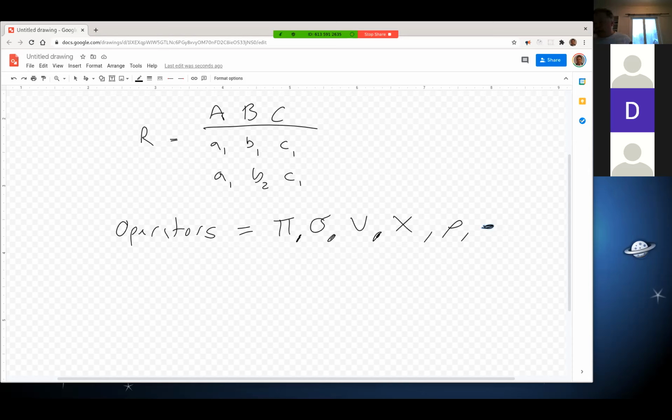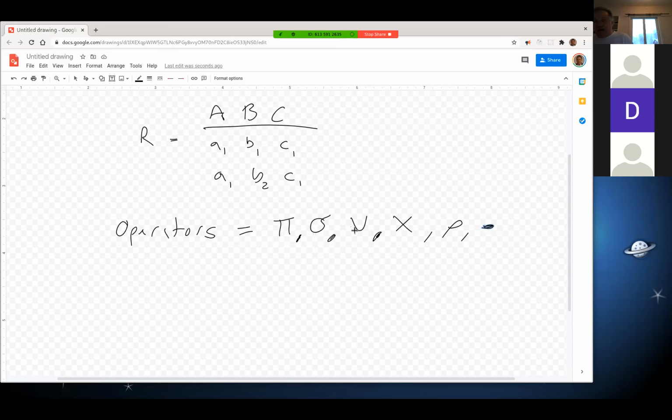It gives out a relation. The selection is also a unary operator. There are a little bit more arguments to these operators, but I don't dare write that in there because it's already too fiddly. It takes in one relation, does something to it, and yields back another relation.